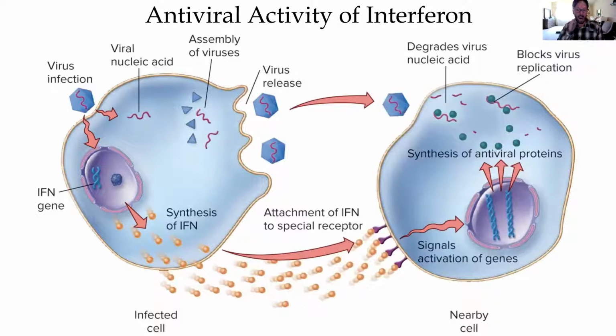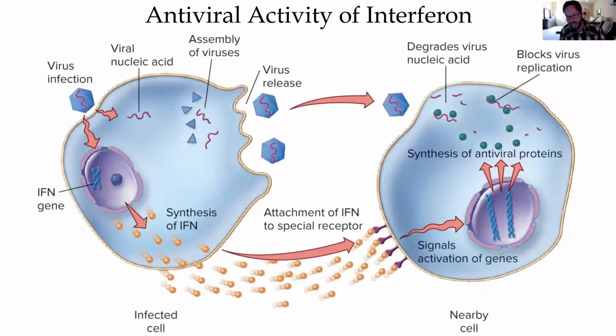And so by the time the new virus that has been replicated in that previously infected cell has released itself and is going to attack another cell, it's already got the memo. It has the message from that cell ahead of time. And now it is poised to start releasing these antiviral agents, okay?